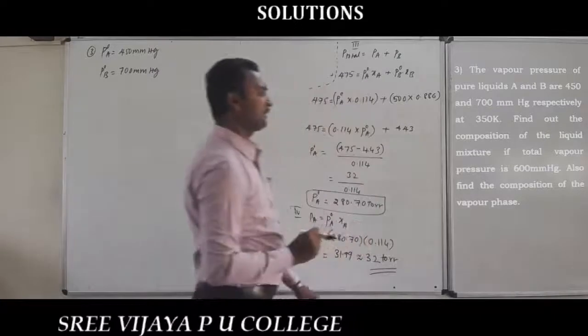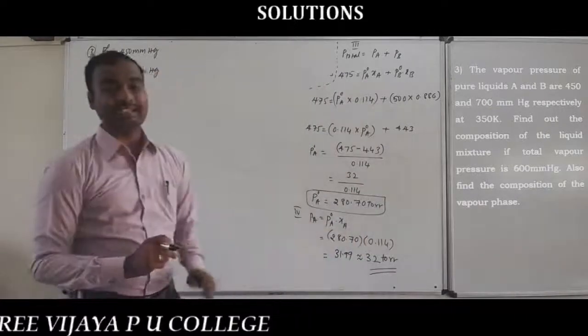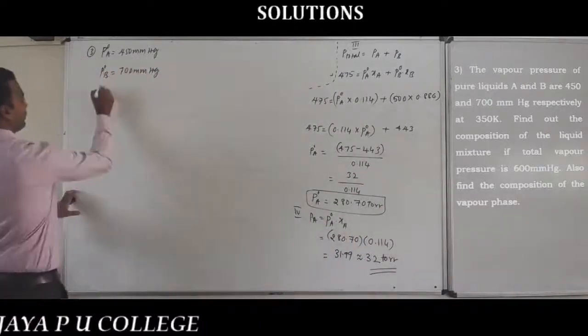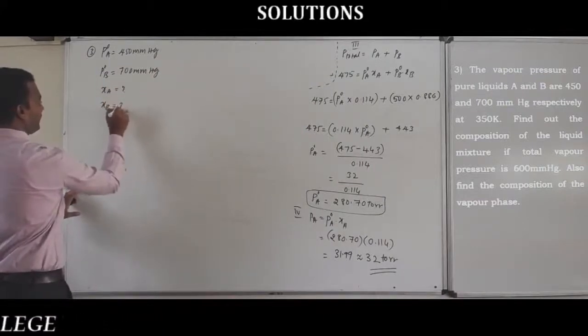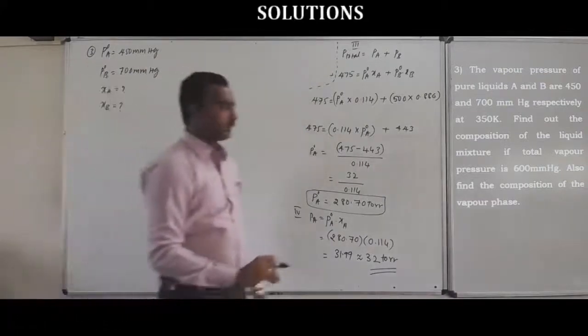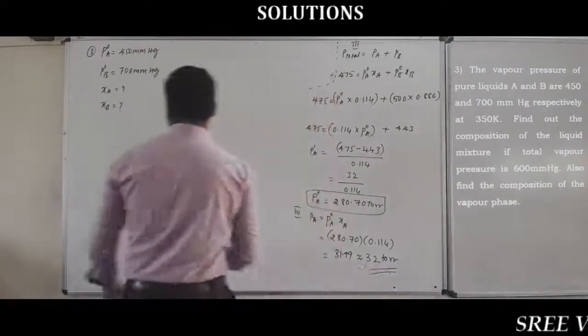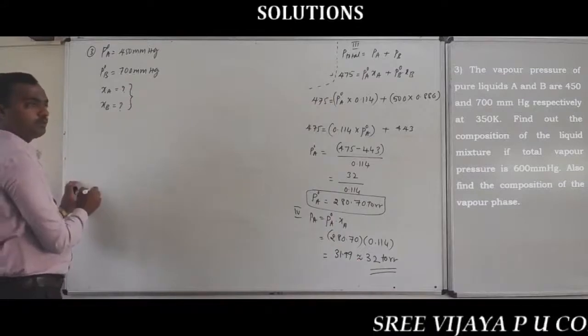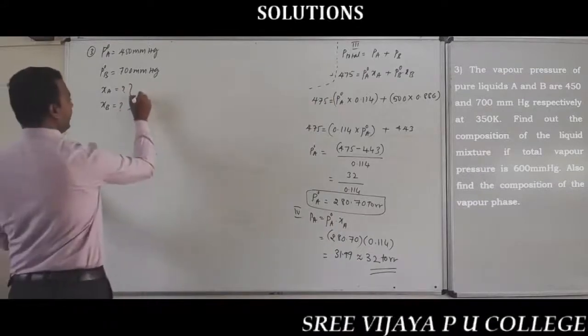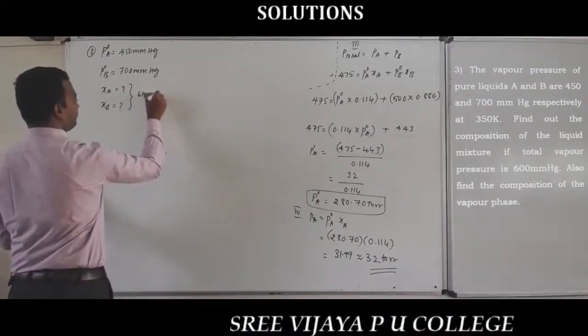Our intention is to find out the composition of the liquid mixture, and then we have to calculate the mole fraction of each component. That is the composition, that's all. So XA and XB in liquid mixture are the mole fraction or composition of components A and B in the liquid mixture.